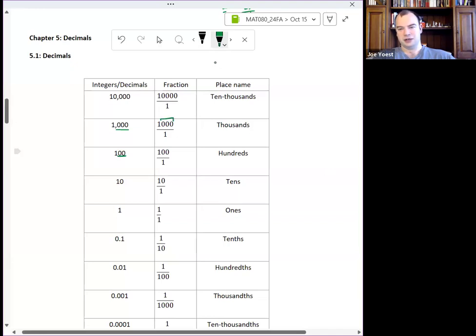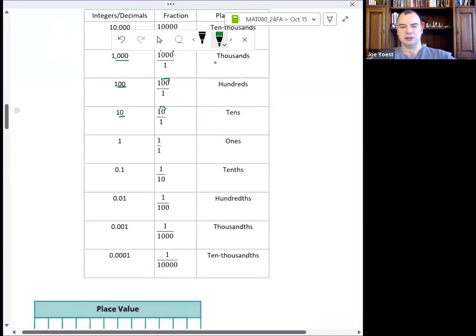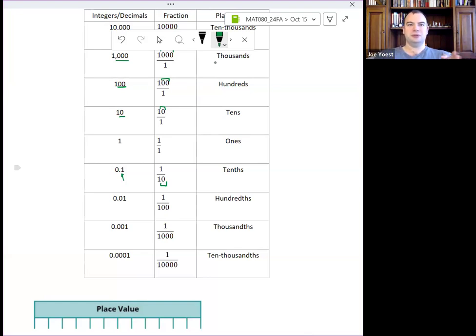I have 2 zeros here, 2 zeros here, 1 and 1, no zeros and no zeros. Here I have a 0 in the denominator, but I do not have a 0 in between the decimal point and the 1. So 0.1, that 1 being moved 1 digit to the right of the decimal point, is what that 0 in the denominator is doing.